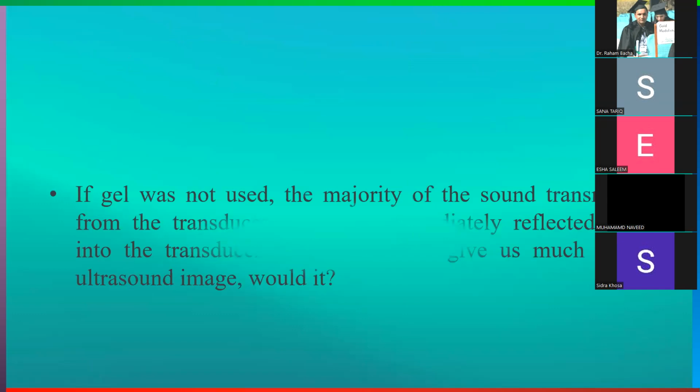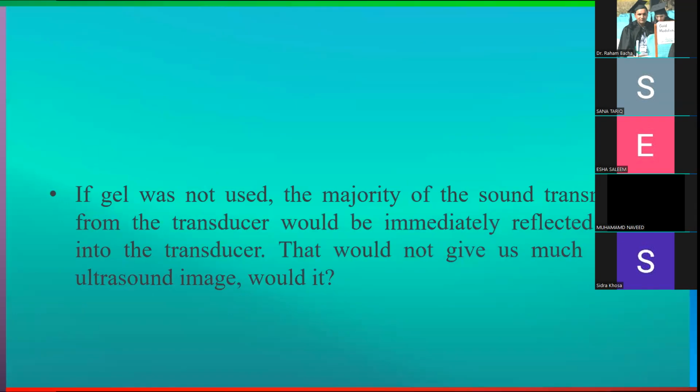So now you should know what the intensity reflection coefficient is. By intensity reflection coefficient, we mean the percentage of sound wave that can be reflected from a reflector is called the intensity reflection coefficient, right?